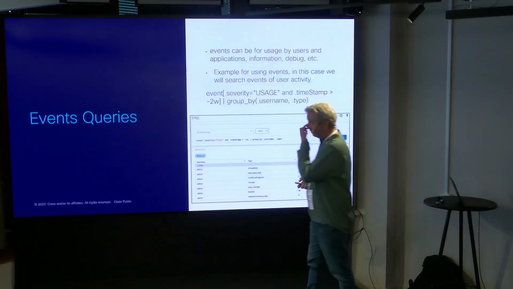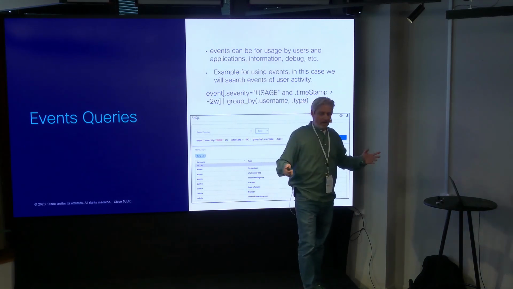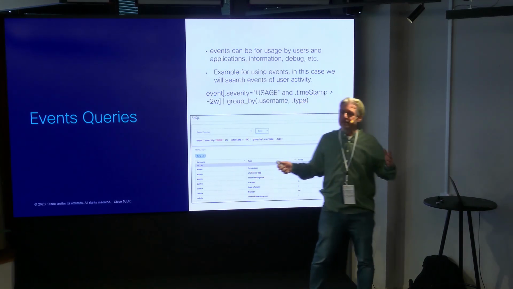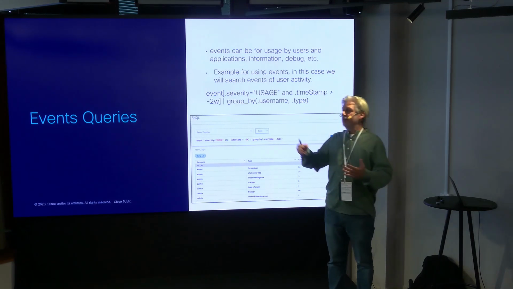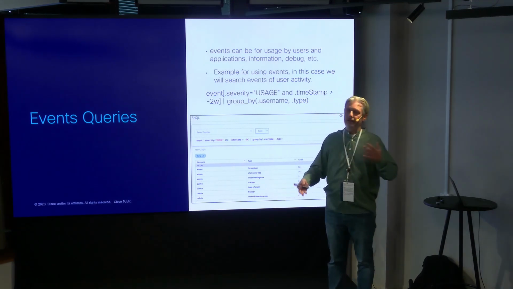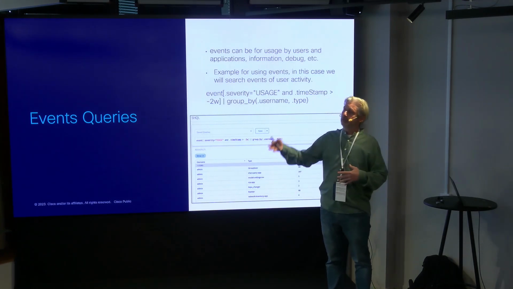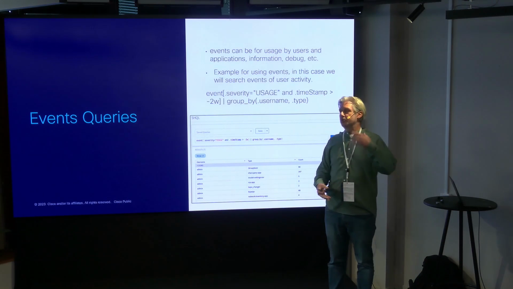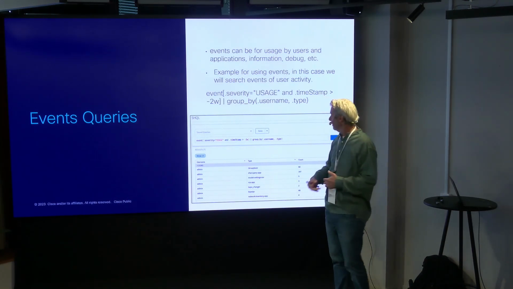Events. HCO holds events, internal events of all kinds, of different usage types, usage of different applications, different processes, authentication, let's say who was trying to authenticate and failed, who was successfully logged in, and so on.